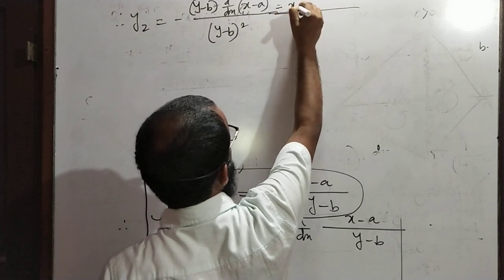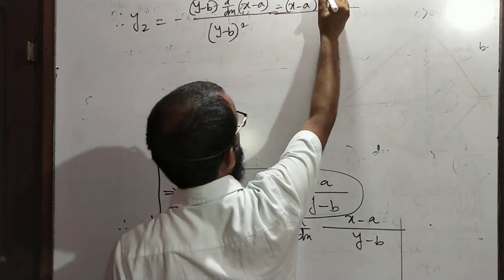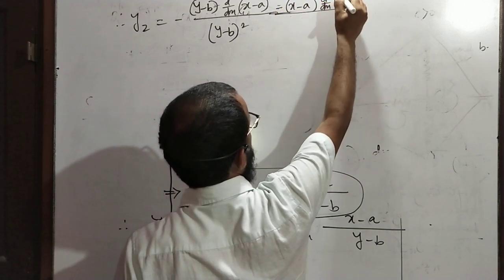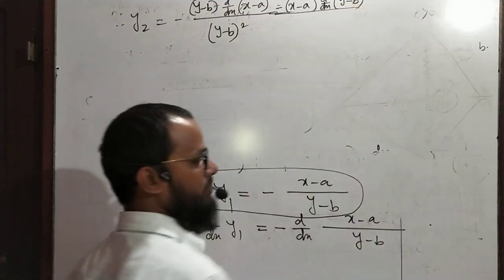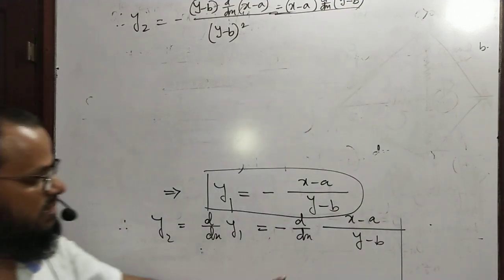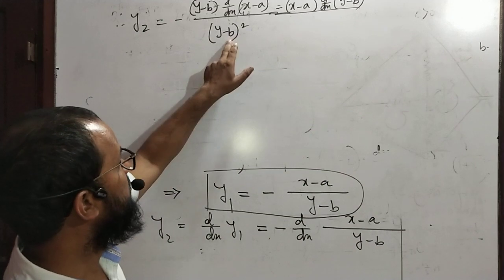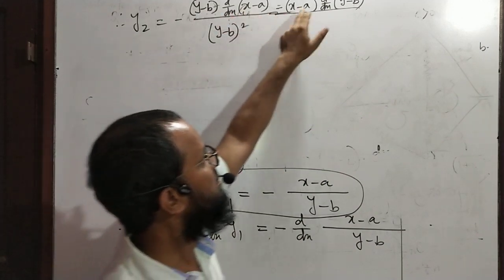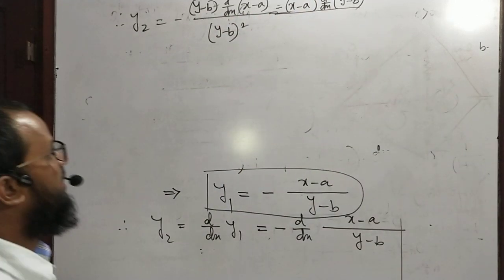Minus u into d/dx of v. v means what? y minus b. Here the formula is u by v: v square into v into d/dx of u minus u into d/dx of v. Okay, I hope you understand.